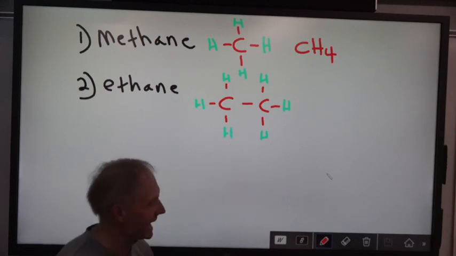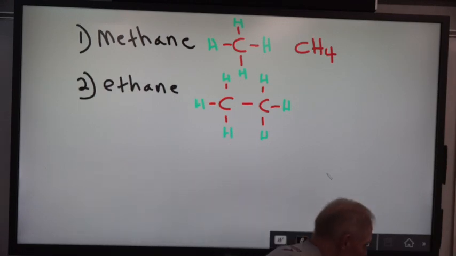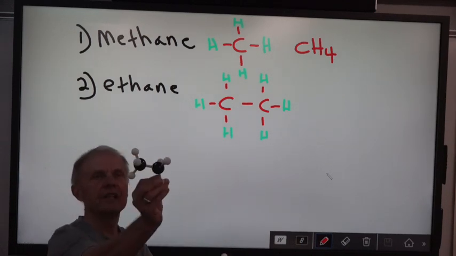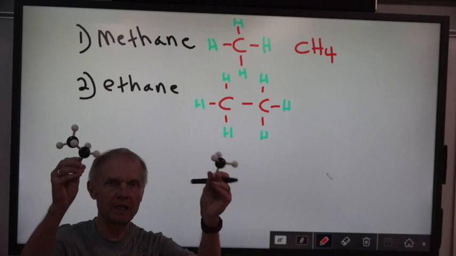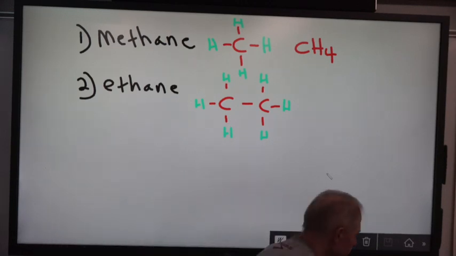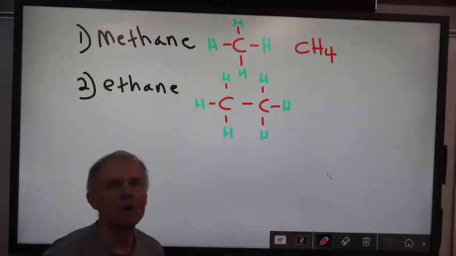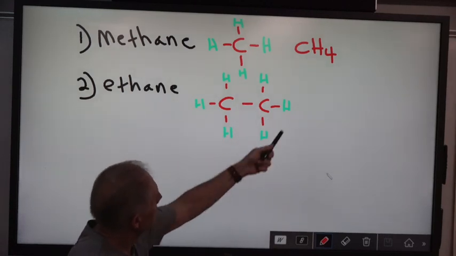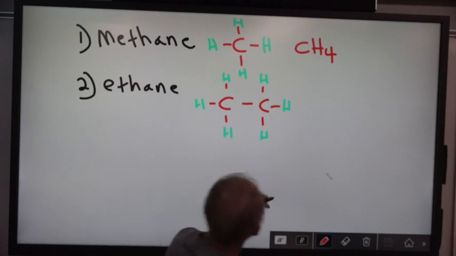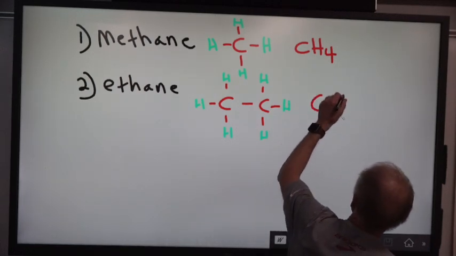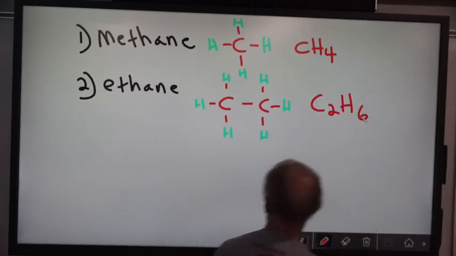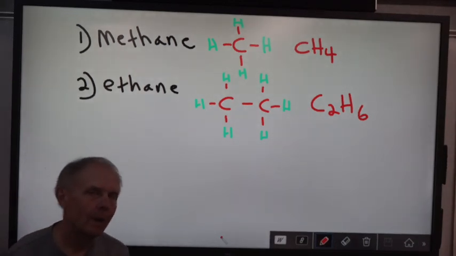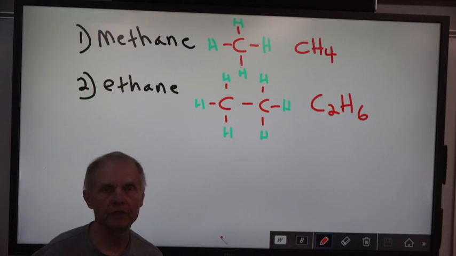So that's ethane. All right? So look, this is methane. This is ethane. Okay? Methane and ethane. The chemical formula, there's two carbons and there are 6 hydrogens. So that is C2H6.